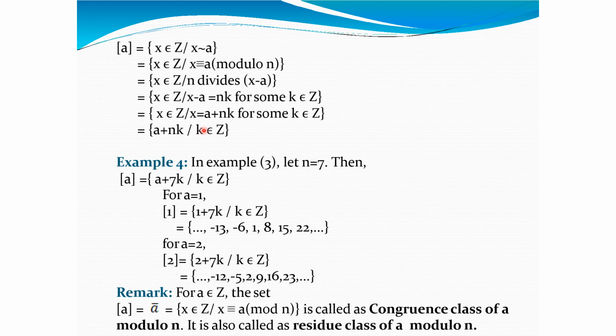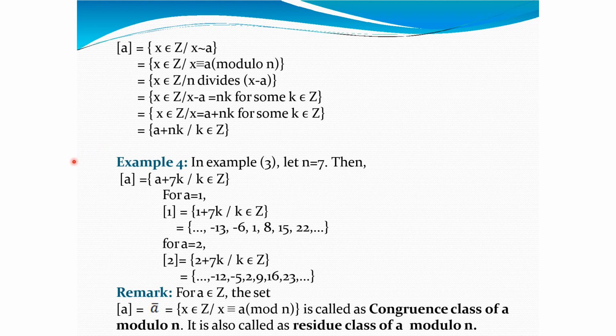Now, by taking particular values of N, we can find the equivalence classes. So, if I consider N equal to 7 here, then the equivalence class of A will be A plus 7k, where k is an integer.